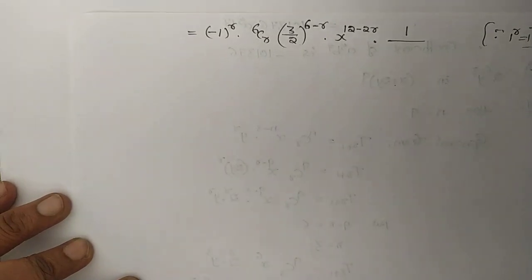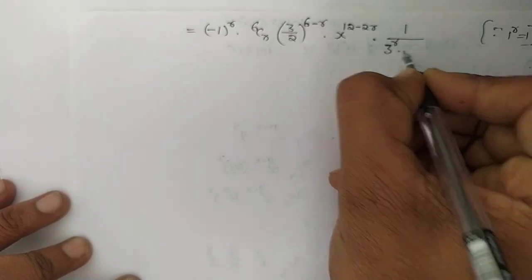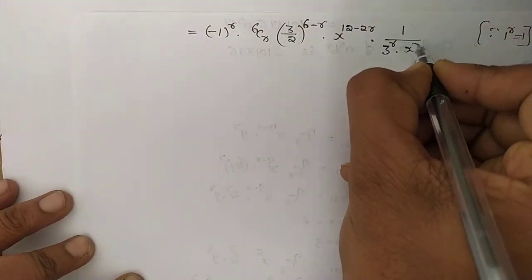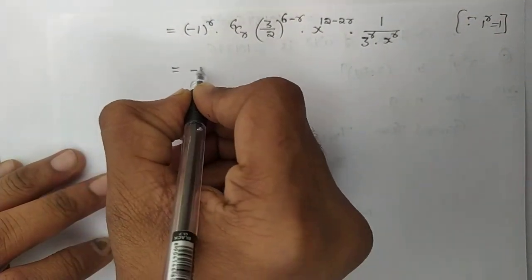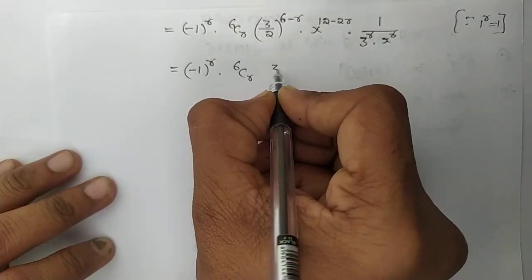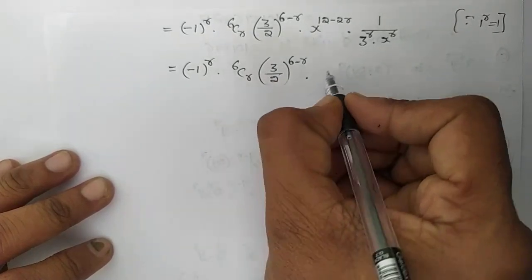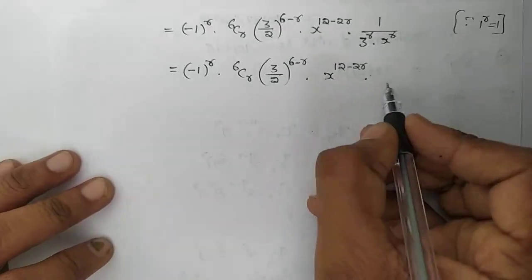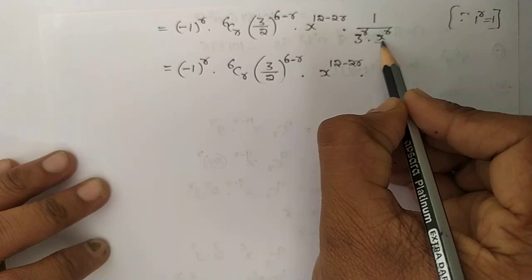Next, in the denominator what we have is 3 power r. You just keep it as it is, 3 power r into x power r. That is equals to minus 1 whole power r, keep it as it is, into 6cr, 3 by 2 whole power 6 minus r, into x power 12 minus 2r. Into next, in the denominator we have x power r.